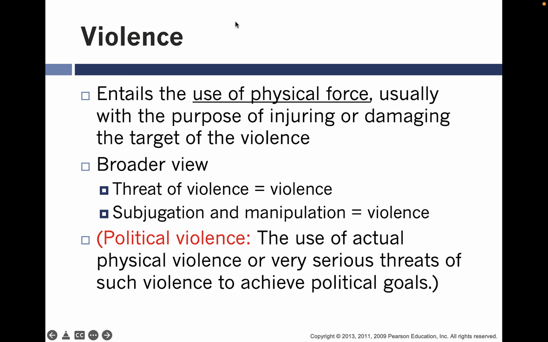So when we talk about violence, violence obviously is the use of physical force, usually by threats or actual actions. I think a threat can be just as effective as a physical altercation at times. Political violence is the actual physical violence or serious threat of such violence to achieve political goals.